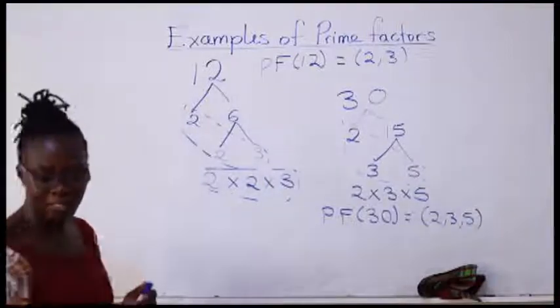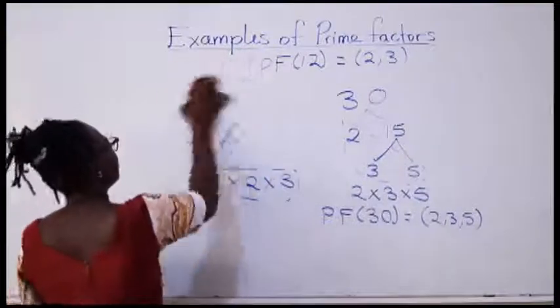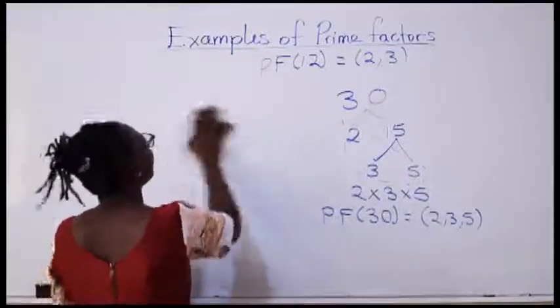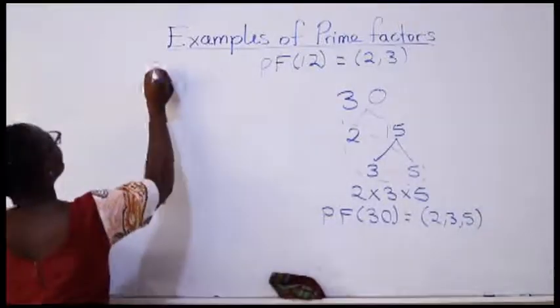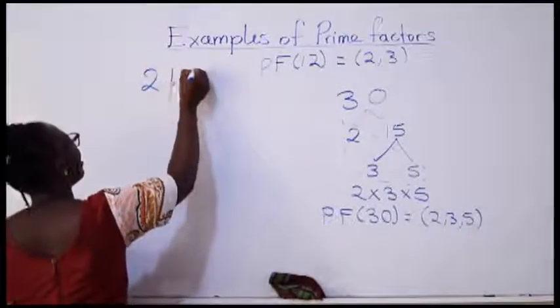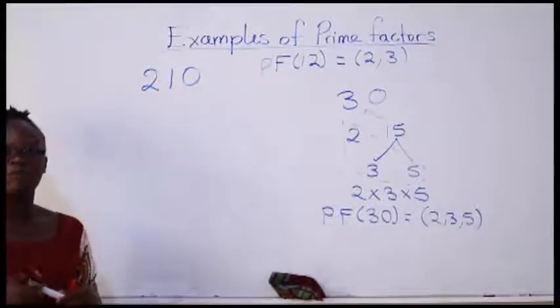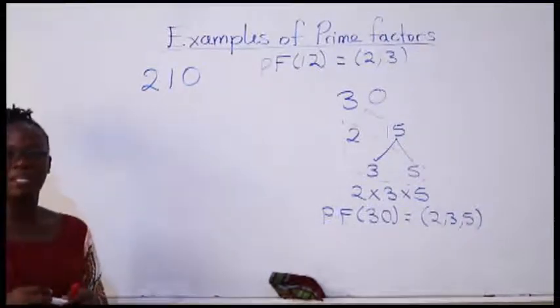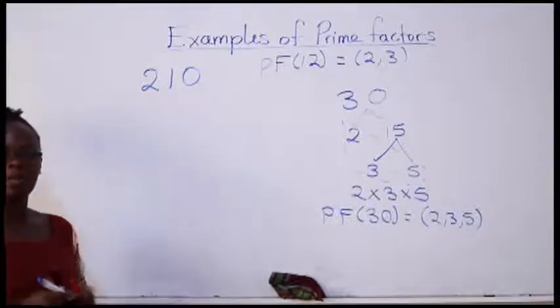Now let's look at the number 210. We want to find the prime factors of 210. Let's divide by the simplest prime number.